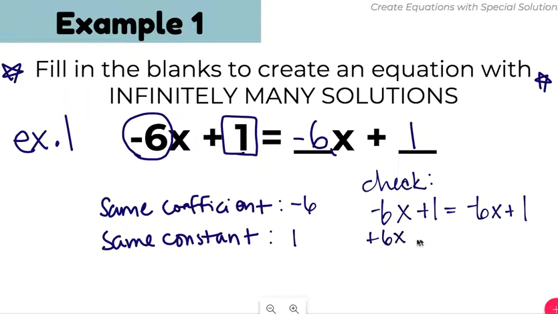Add 6x to each side. And we end up with 1 = 1, which is that special case, if you remember the flow chart, that we want the left side to equal the right side. The check isn't quite as important with the infinitely many just because it's so easy to see the left and the right equaling each other.